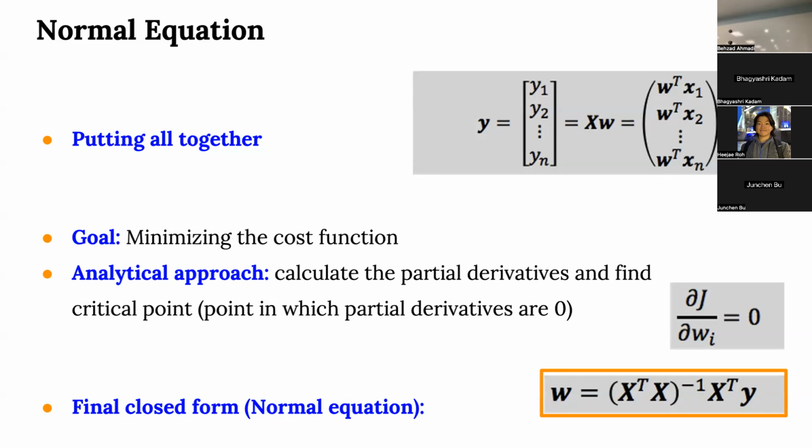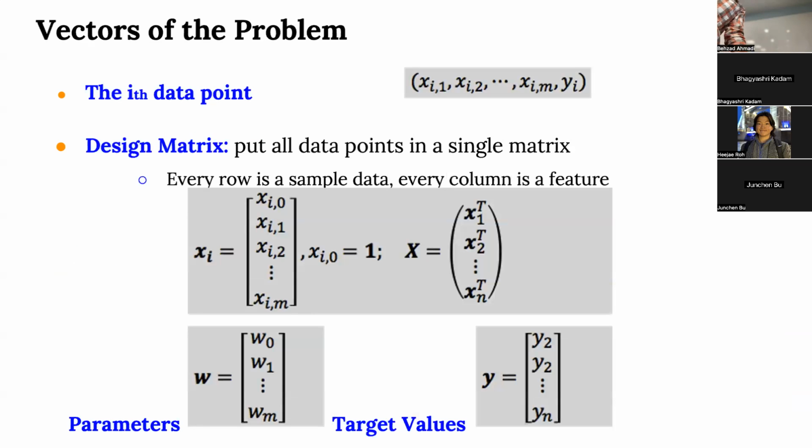Let me write this out. What is X? This big X is x1 transpose, x2 transpose, all the way to xn transpose.